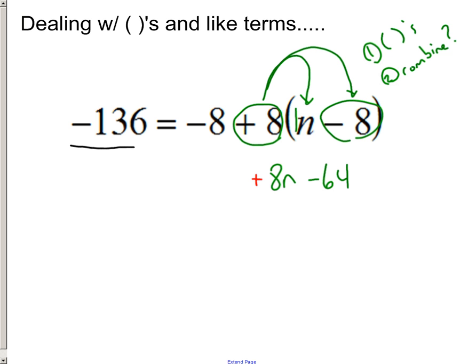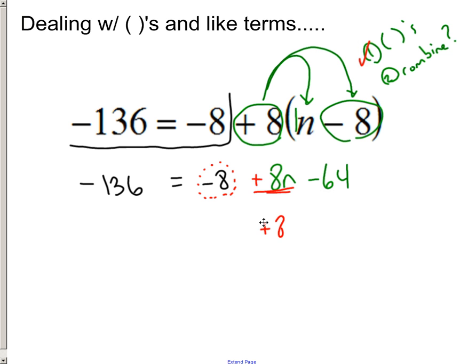Everything else, all of this, comes straight down. Now, we've got parentheses done. Is there anything to combine? Well, I see that this is a number and it has no n, so I can't combine with this, so I'll drop that straight down.